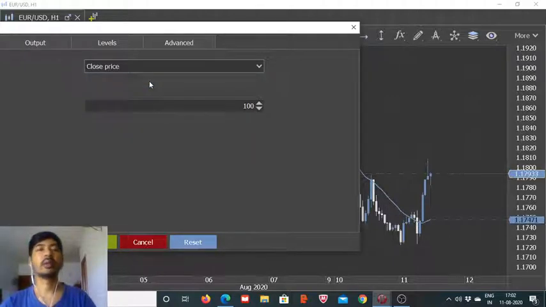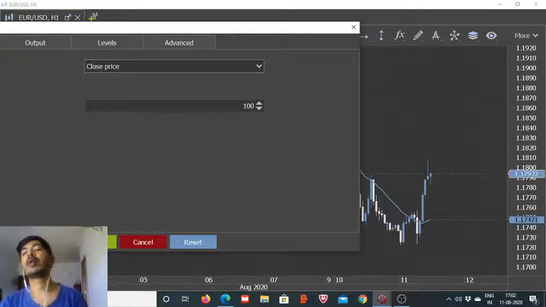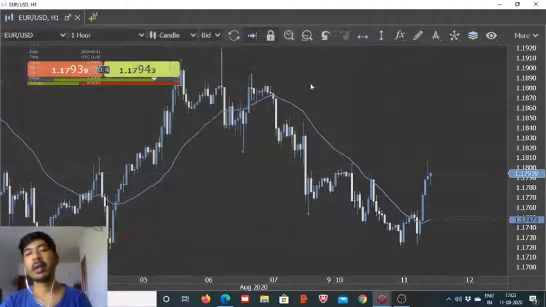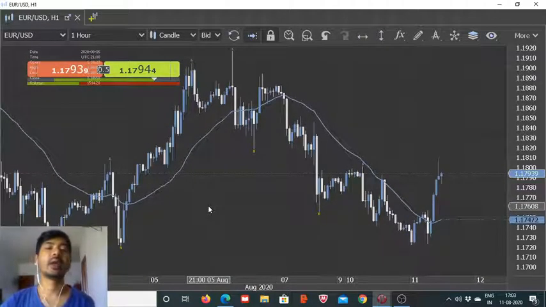Now let us again put it back to the close value. So whatever is the closing value for the last hour, it will be taken into consideration, and then the calculation will happen.